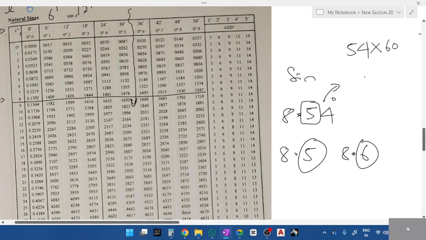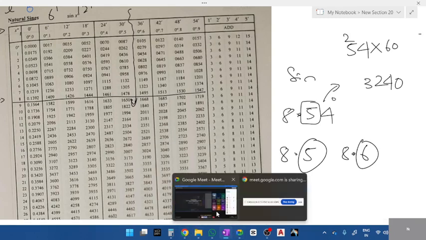Multiply into 60, how much you will get? 6 fours are 24. 6 fives are 30. 3,240. Give me a minute.